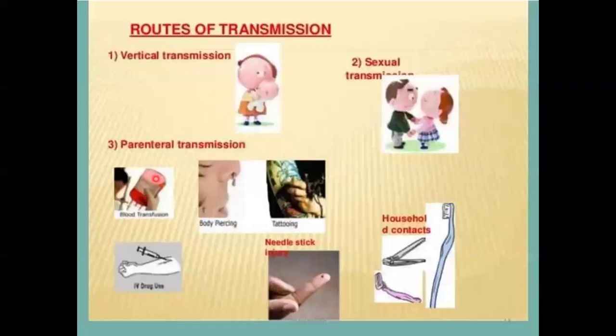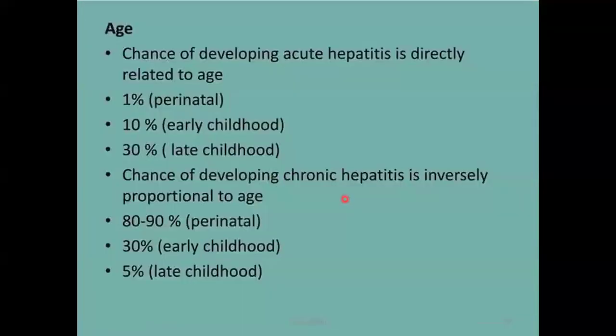Parenteral transmission, so it can be through blood transfusion, body piercings, tattooing, IV drug use, needle stick injuries, or even household contacts. Okay, so these are the razor blades, the nail cutters, the toothbrush, but it's not spread by saliva. So razor blades, so let's say you use this razor blade and you cut yourself while using it, I might get hepatitis B. So blood is the main fluid it is transmitted via, okay?